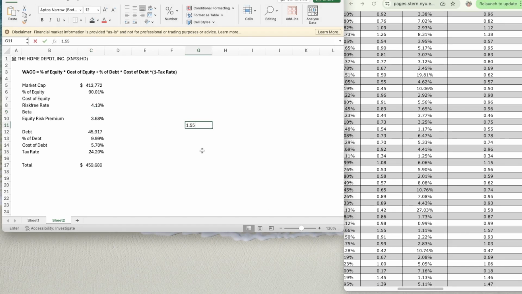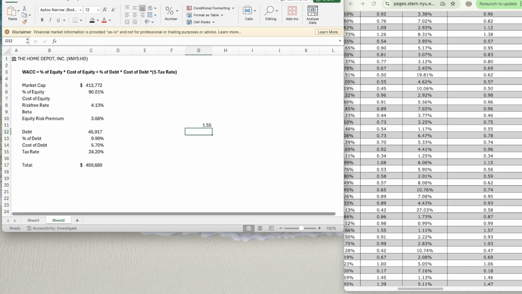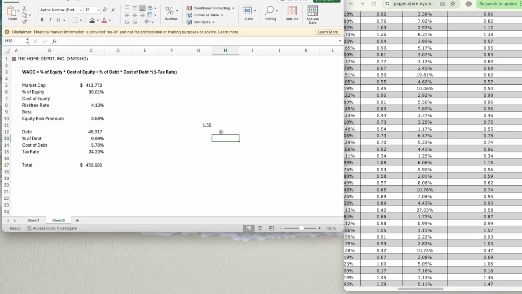And to calculate the levered beta, the unlevered beta equals the levered beta divided by 1 plus 1 minus the tax rate multiplied by the debt divided by the equity.